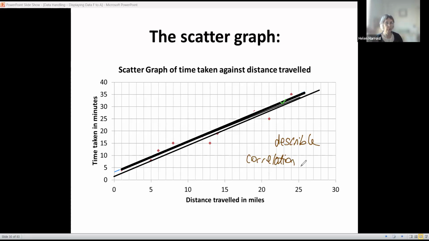And what are the options? So what would you say? What type of correlation is this? Well, two options. It's either positive or negative. So is it positive or negative?